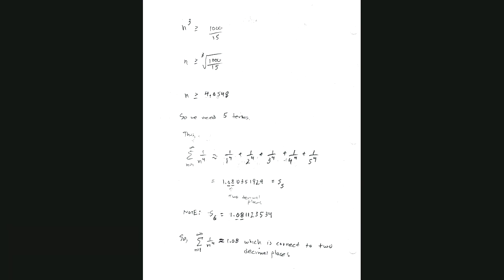And so you need 5 terms. See, n has to be an integer, right? So if mathematically n has to be greater than 4.0548, you would need to have 5 terms.